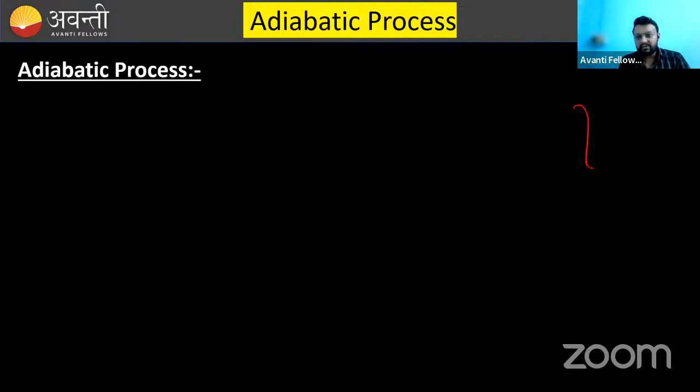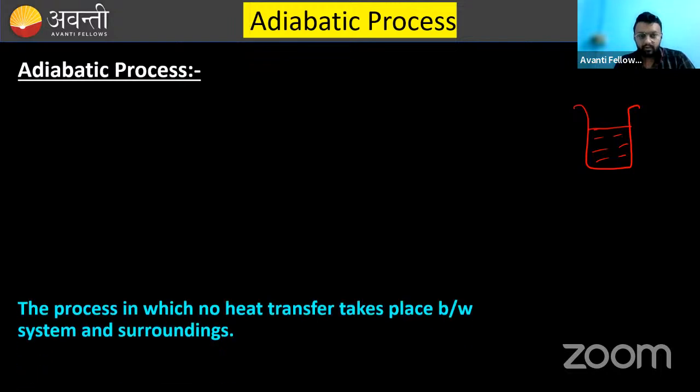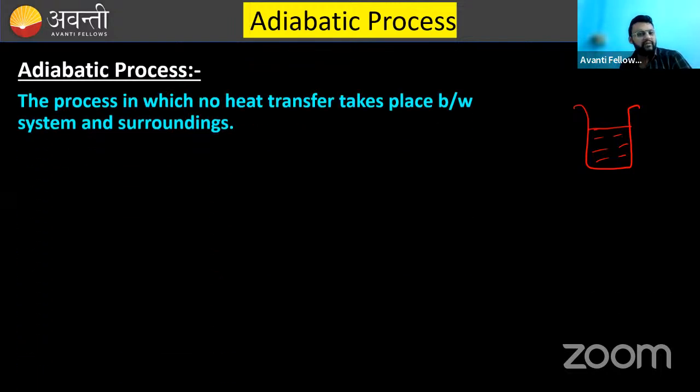For example, if this is a container, this is a thermodynamic system, then during the process, heat transfer is not allowed. The process in which no heat transfer takes place between system and surroundings is known as the adiabatic process.